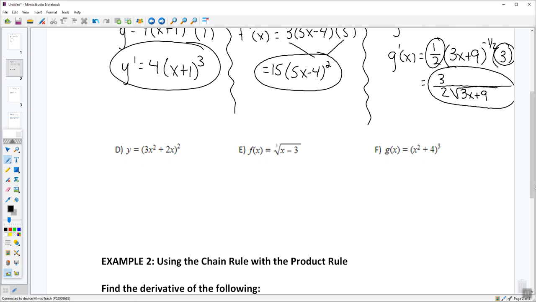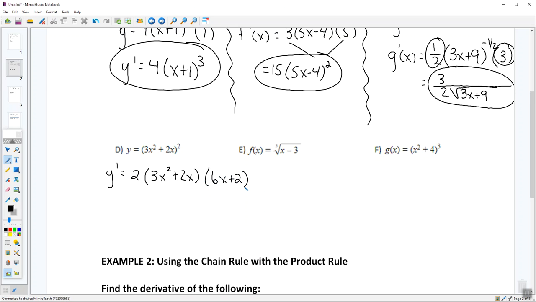You guys are up. Y prime. 2 times 3x squared plus 2x times 6x plus 2. Yep, there it is. Everybody understand 2 out front? Inside stays the same. Power of 2 becomes a power of 1.